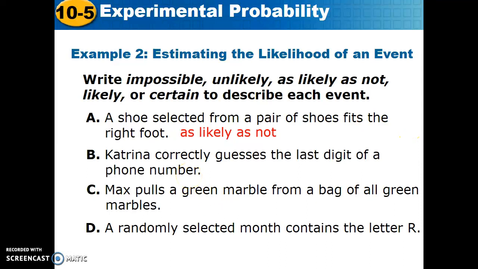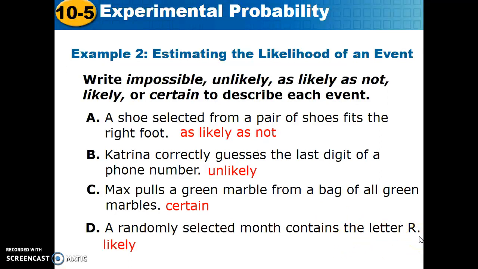Well, the digits can be 0 through 9. What is her chance of guessing, 1 out of 10 or 10 out of 100? 10% is, I guess, unlikely. Max is pulling a green marble from a bag of all green marbles. Well, I would say he is certain to pull a green marble out.